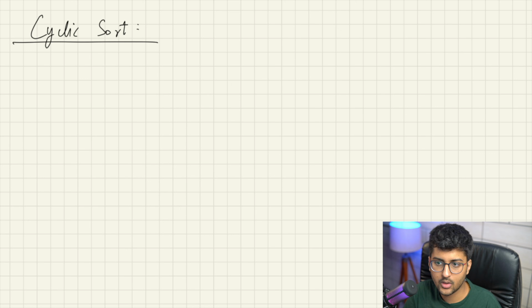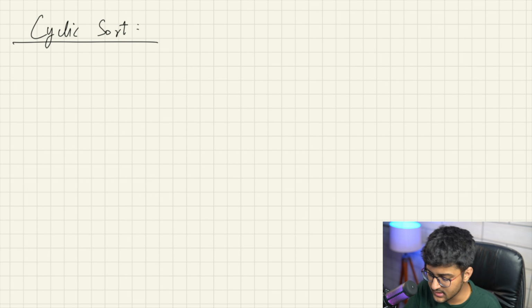They were giving complexities of O of n squared in the worst case. We already discussed that. Before we dive into what cyclic sort is, let's look at a question, and then I'll explain cyclic sort.